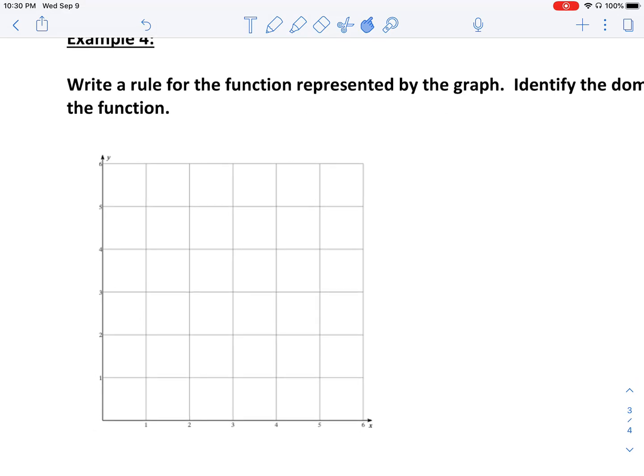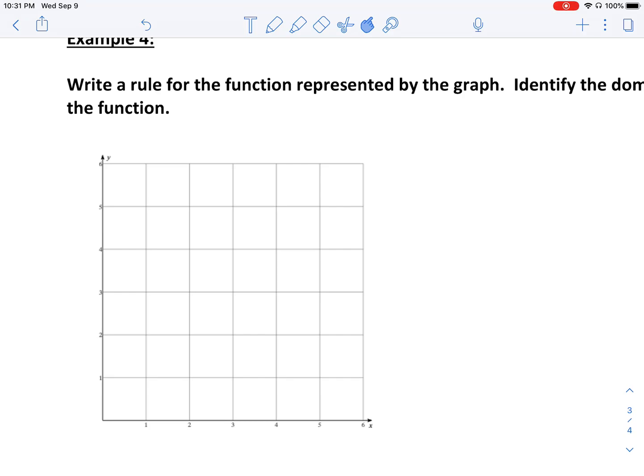All right. For this next example, there was supposed to be points plotted for you. It says to write a rule for the function represented by the graph.